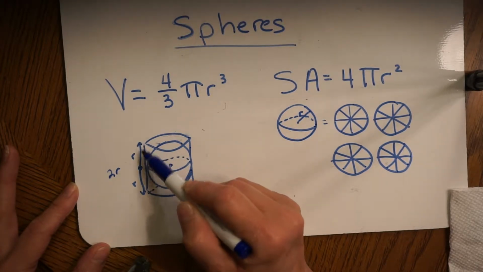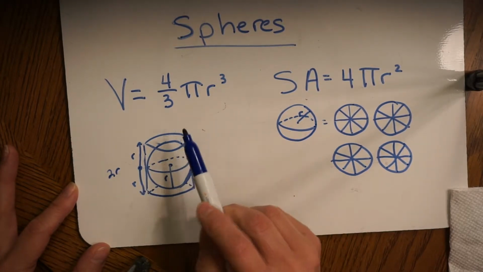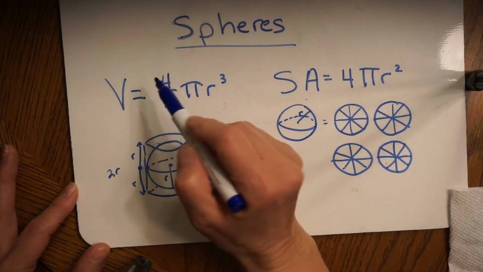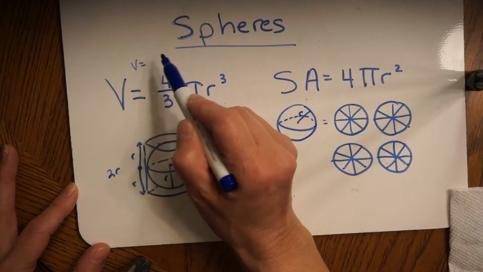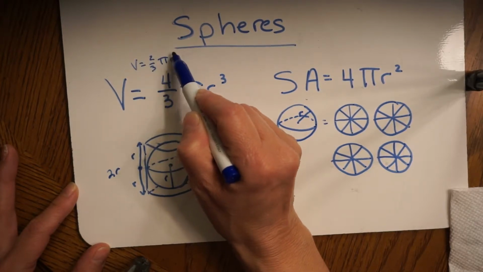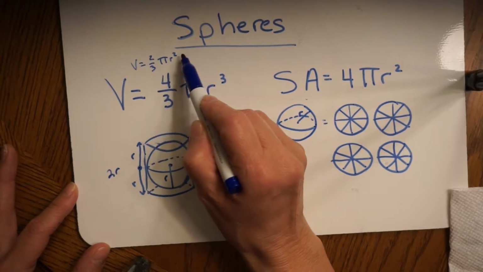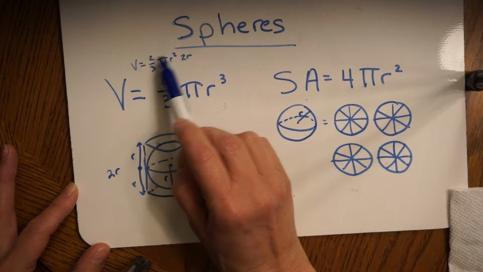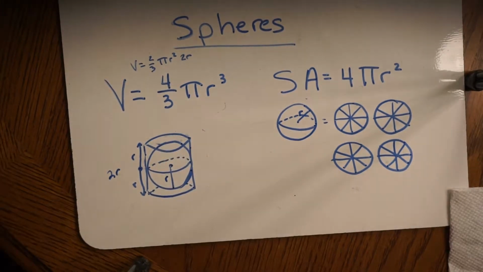Again, the radius from the top to the bottom is the height. So if you can't remember this formula, just start off with volume is equal to pi r squared, because that's the area of the base, times the height, which was 2r, times 2/3. And if you have this, you can get back to this formula.